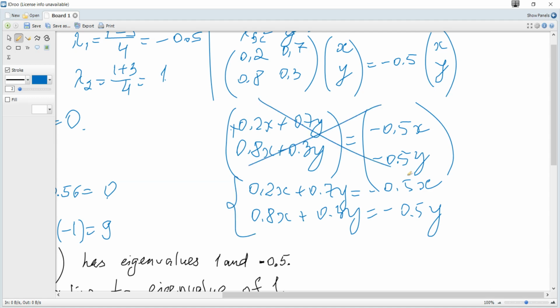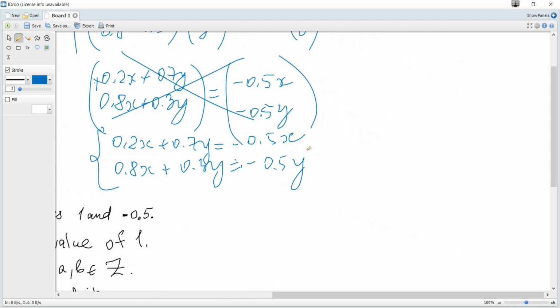And you don't need to write this, you can write this directly. And let's simplify it. We can move everything to one side and equate to 0, or to opposite sides, it doesn't matter. So let's move it to the left. It becomes 0.7x plus 0.7y is 0, and the second, 0.8x plus 0.8y is 0.